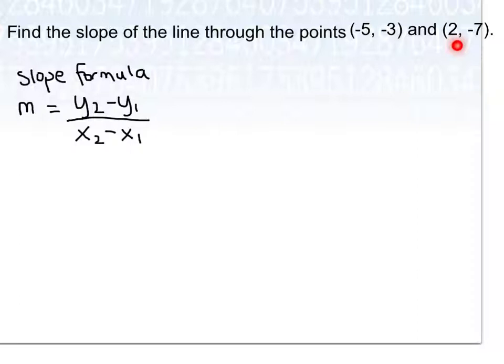So if we're looking at this a little bit closer, for instance, I might call the first point that I see, that would be the -5, -3. I'll look at that ordered pair as x1, y1. And then the second ordered pair that I see is to look at it as x2, y2.